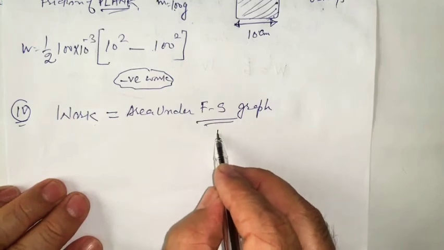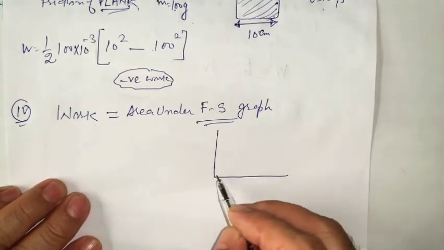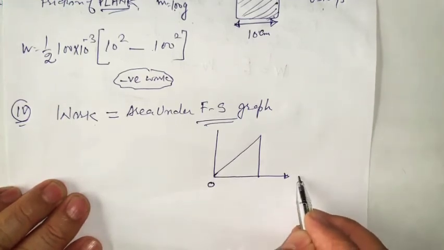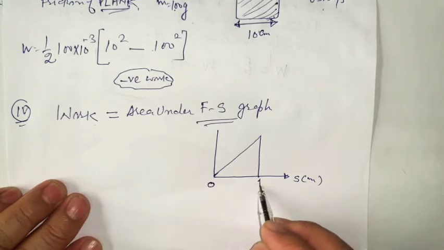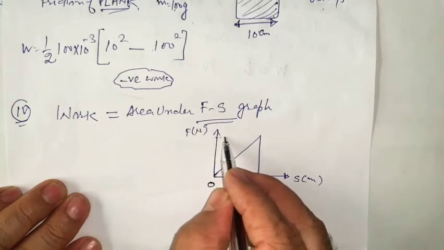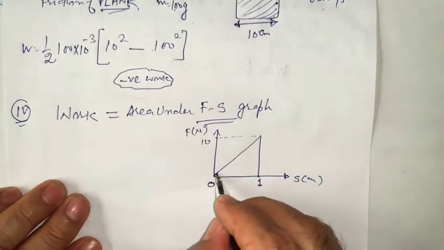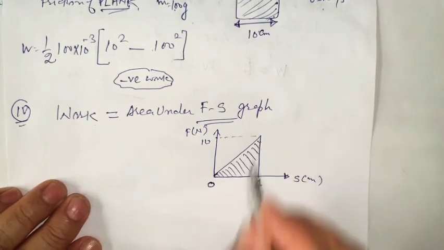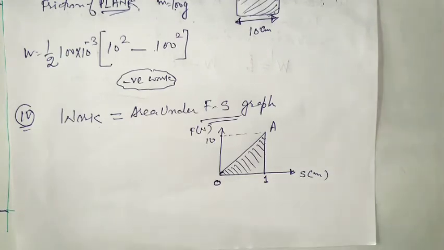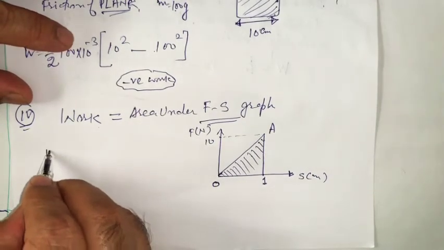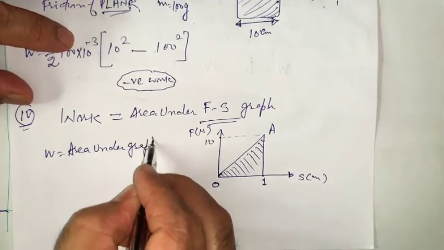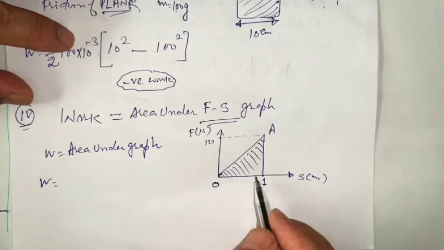Like if you are given a graph like this one, here is 0, on this side we take distance in meters, here is 1, on this side we take force in newtons, and there is say 10. Now in this figure we want to know how much work is done. Very simple. Work is equal to the area under the graph.